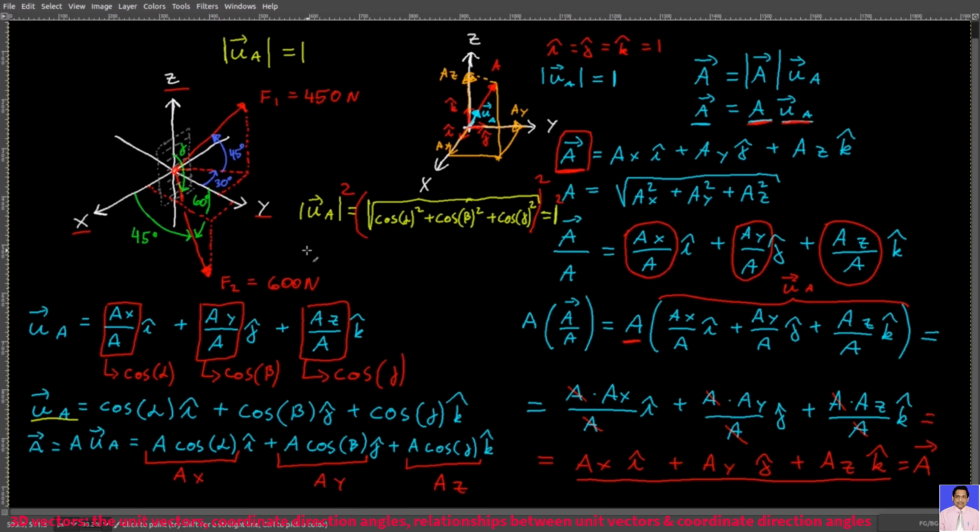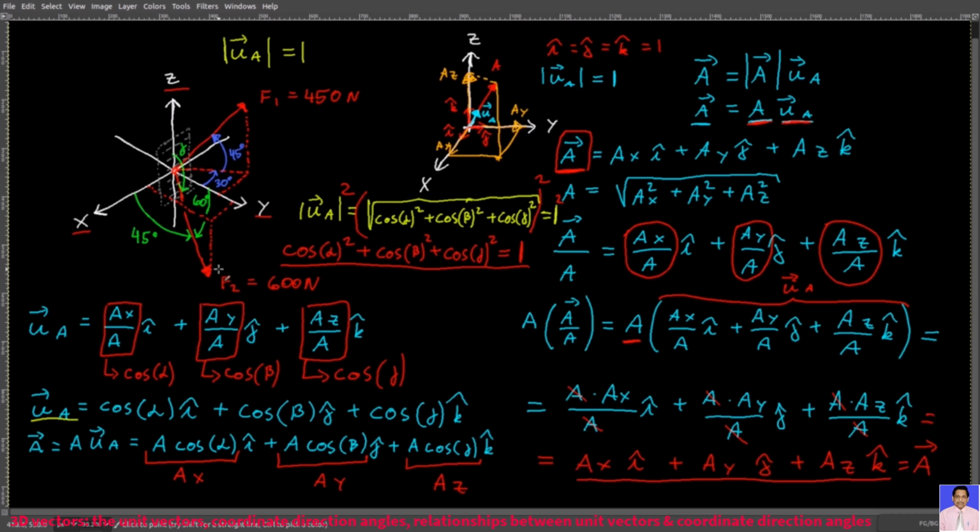And so I will have this relationship: cosine alpha squared plus cosine beta squared plus cosine gamma squared equals 1. This is also a very interesting result, because if you know two angles, let's say beta and gamma, then you can calculate the third angle, alpha. So all these results are tools to work with coordinate direction angles and describe the direction of vectors.